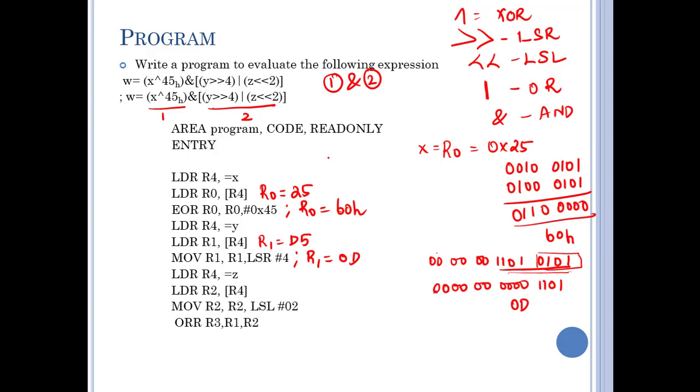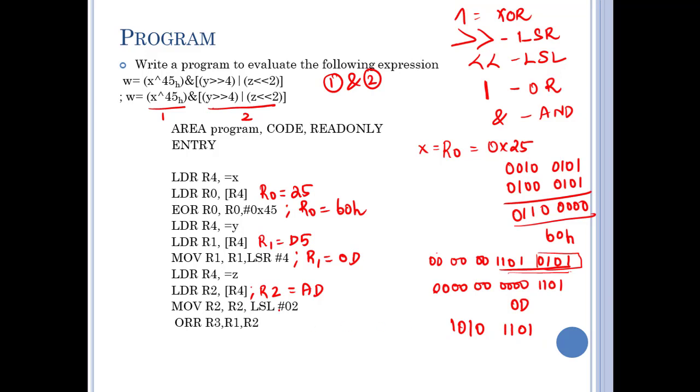So next get the content of Z. First get the address of Z in R4 and take the content of Z in R2. So now R2 will be having AD. Now this is a logical left shift by 2. So what is AD? 1010, and D is nothing but 1101.